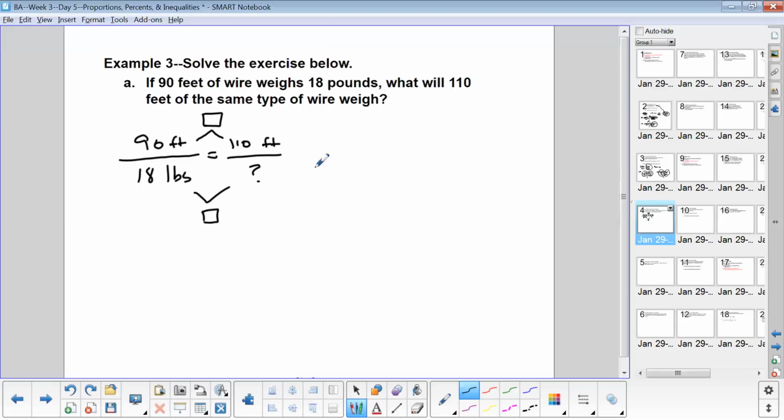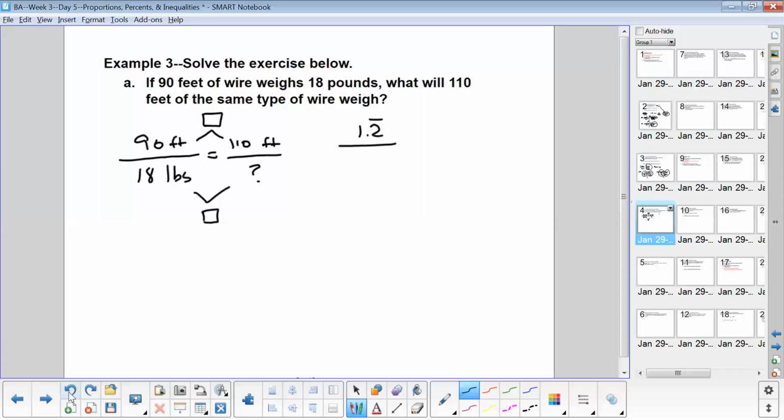So we'll look at a couple of ways. For one, if you know that 90 times something is 110, then you can divide. So if you take 110 and divide it by 90 on your calculator, you're going to get about 1.2 repeating.